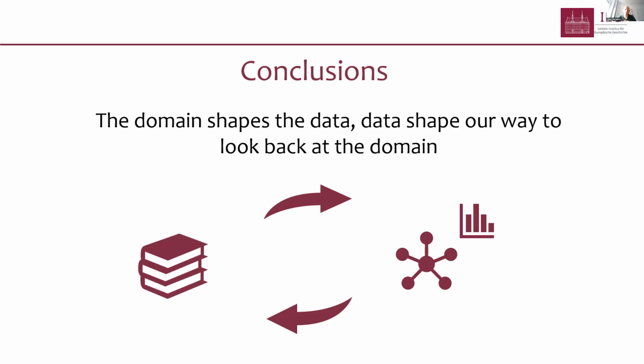You could even further complicate this visualization by saying, okay, a research project exists in a certain discipline, there's a feedback loop between them, but there's also a feedback loop between, on the one hand, the data, how you structure the data, and also the requirements of the software and the tools that you're using.